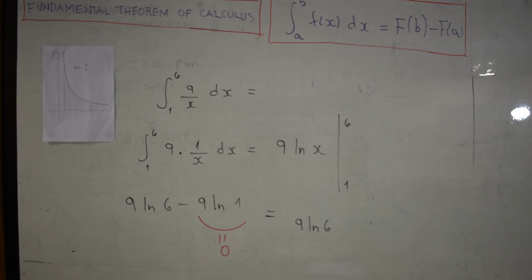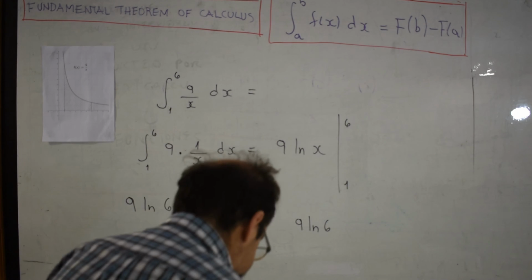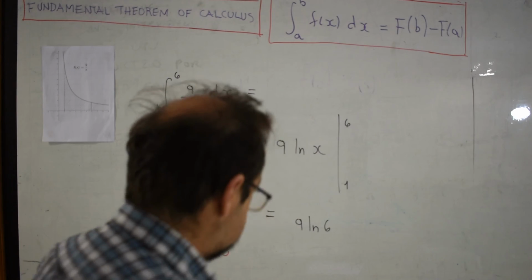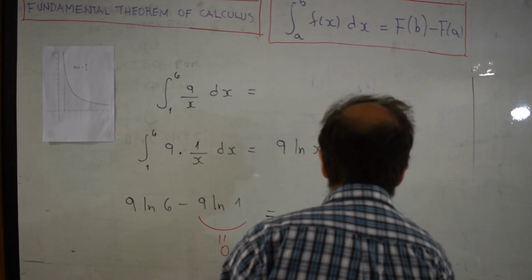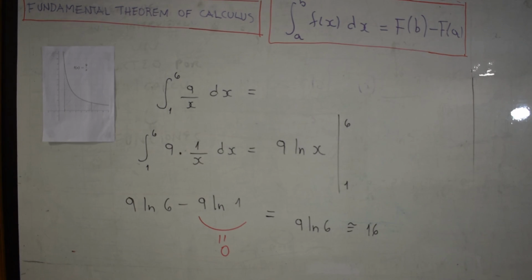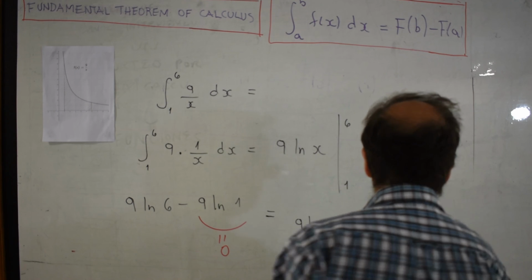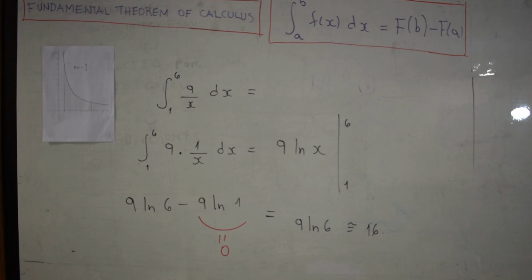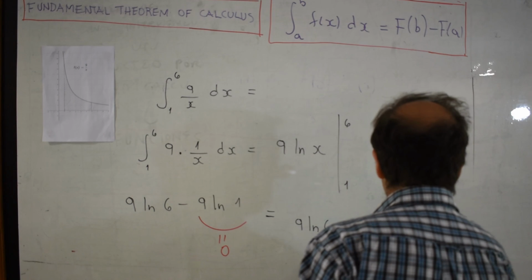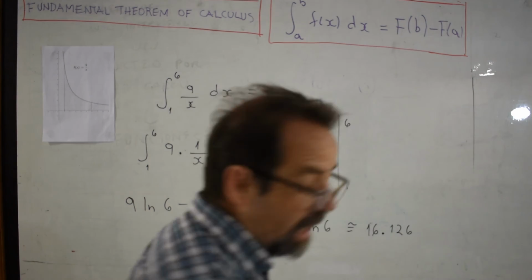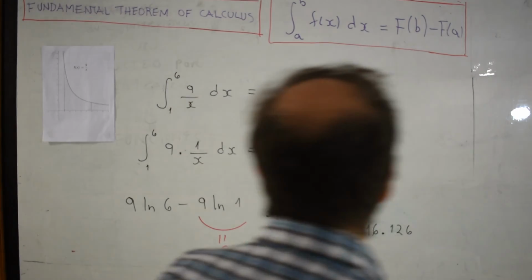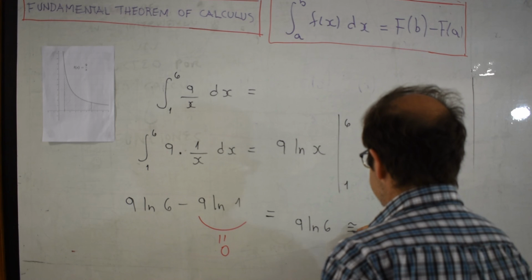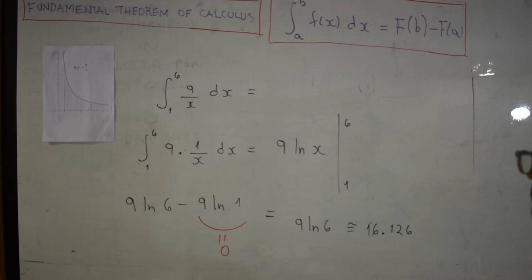And so we calculate that value, 9 times logarithm of 6, and that gives us approximately 16.13, which is a value that is similar to what we estimated, which gives us an indication that it's very probably correct.